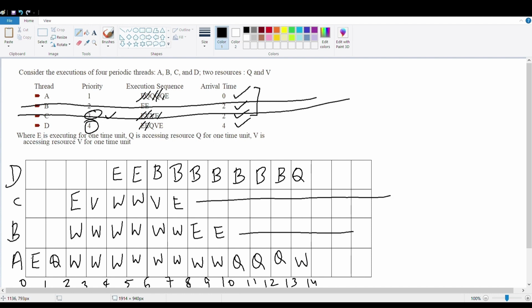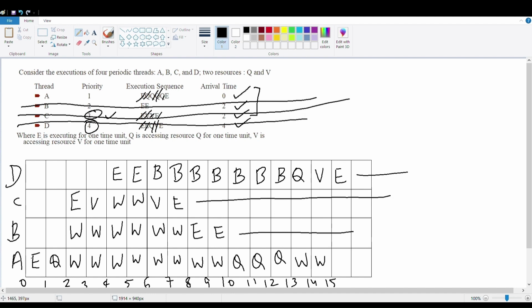Now V is executed by D because V is free now. After that E will execute by D because D has high priority, and D will go out from the system.